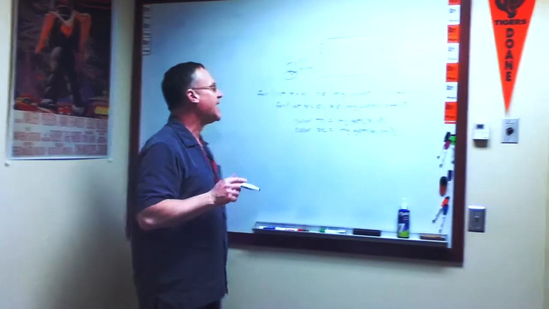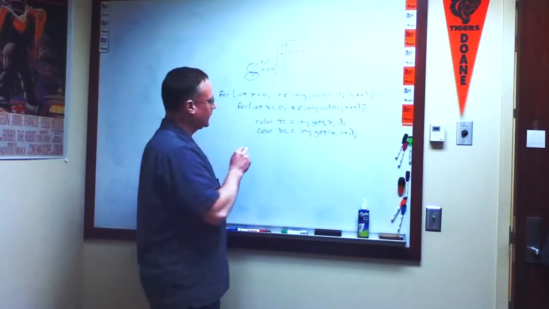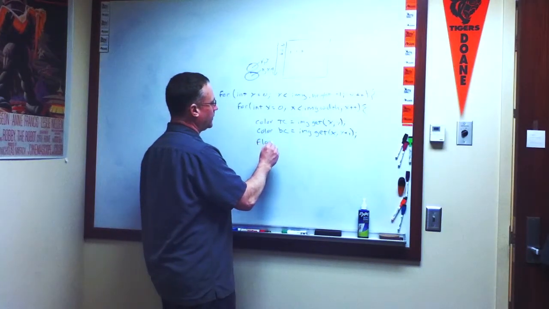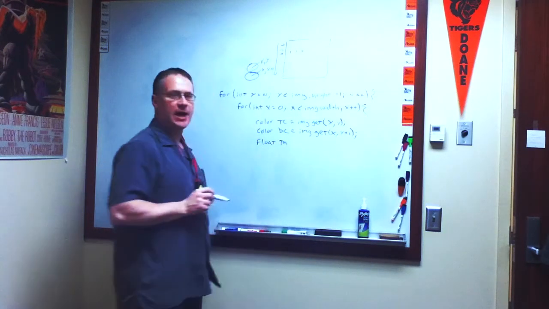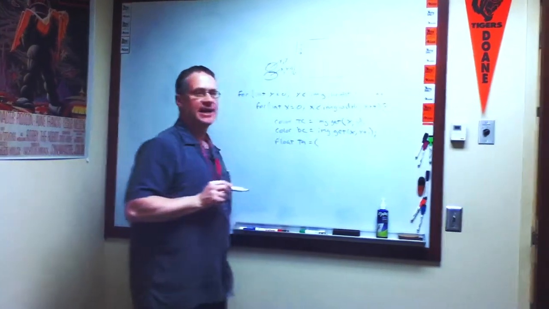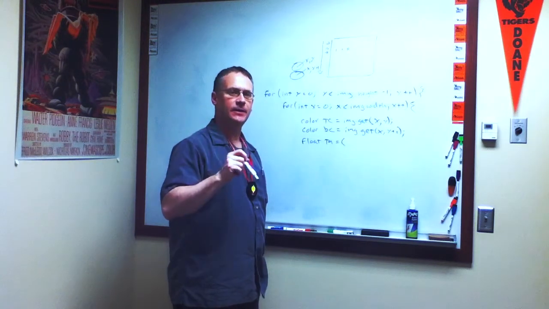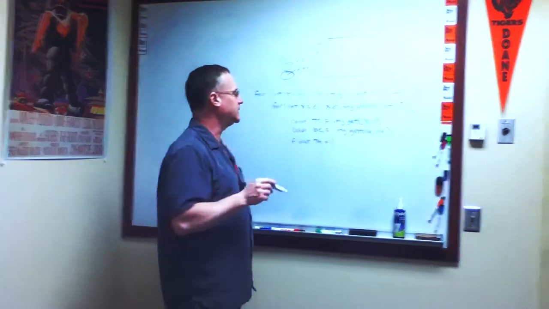Now to compute their average. TA for top average. Well, given a color, I can get the red, green, or blue components of that color with the red, green, and blue methods.